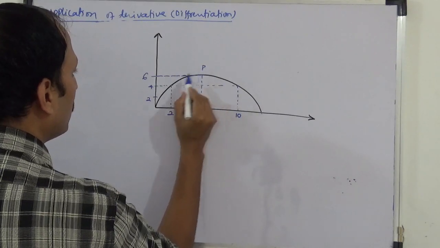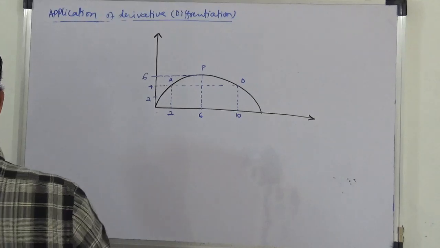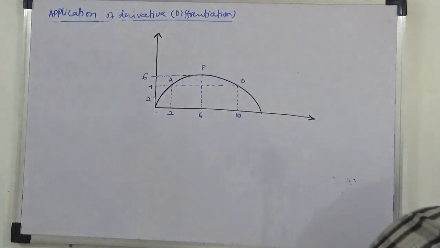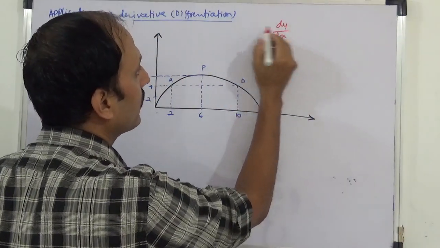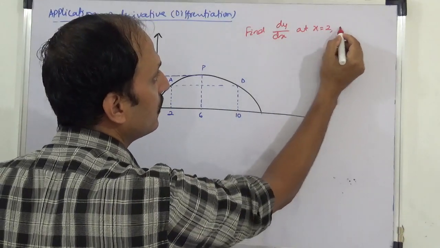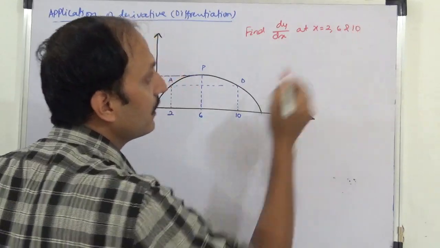This is B, this is A, this is D. So you have to find slope at x is equal to 2. So you have to find dy by dx at x equal to 2, then 6 and then 10.